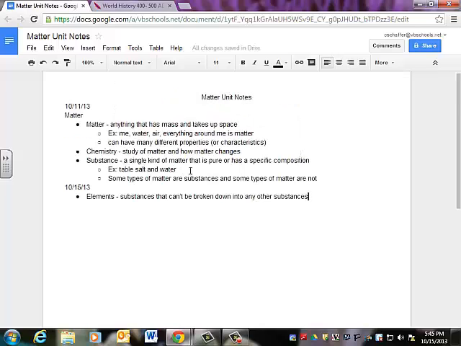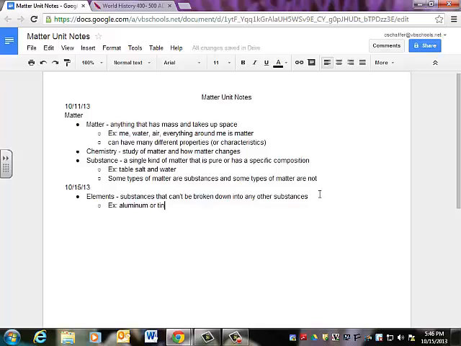A substance is a single kind of matter that is pure or has a specific composition. So now we know that an element is an example of a substance. It can't be broken down into any other substances. So our examples that we had, aluminum or tin.